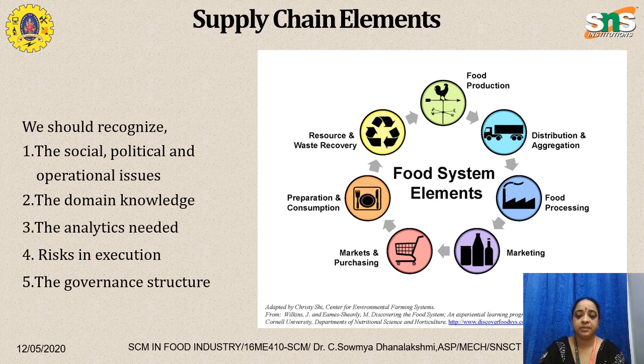These are the supply chain elements: food production, distribution and aggregation, food processing, marketing, markets and purchasing, preparation and consumption, resource and waste recovery. Any food industry which implements a supply chain network should definitely undergo this process. In addition to this, the food industry may have n number of steps to achieve a good supply chain network.